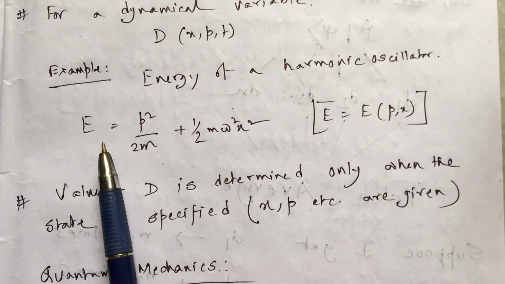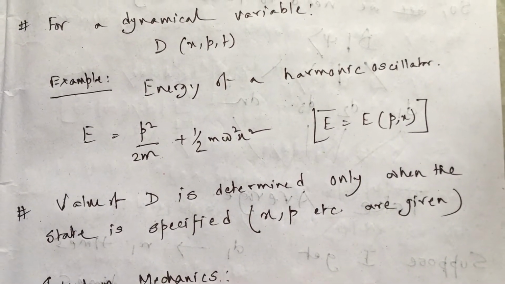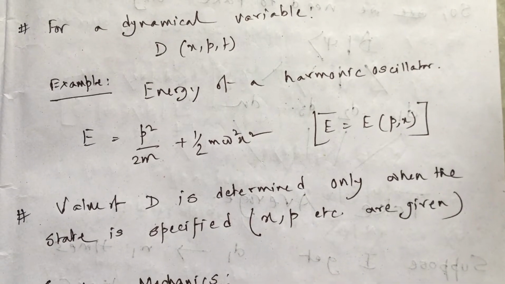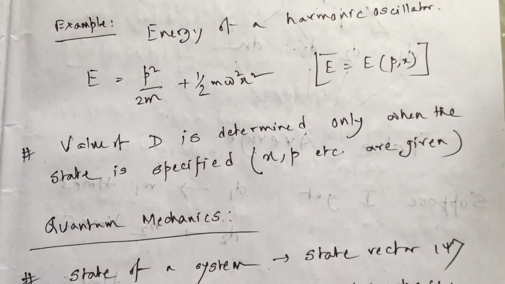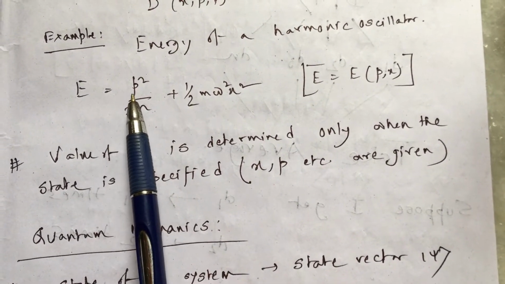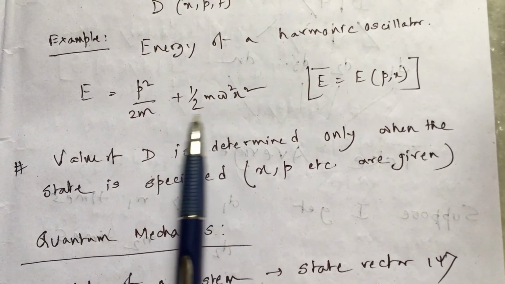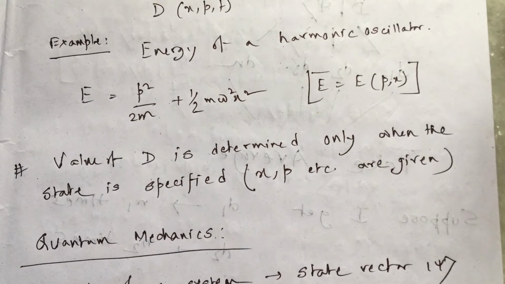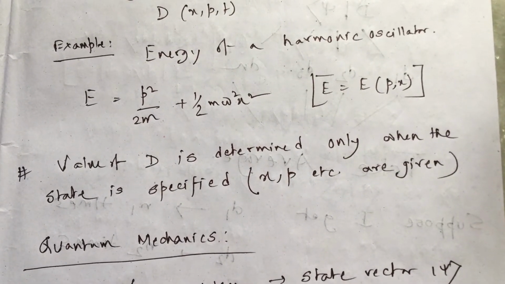For example, I can write the energy of a harmonic oscillator. Suppose I have a spring, and with that spring I have a mass, that is the classical harmonic oscillator, and its energy depends on momentum and position. This is the potential energy term, because here force F equals kx, where k is the force constant of the spring.